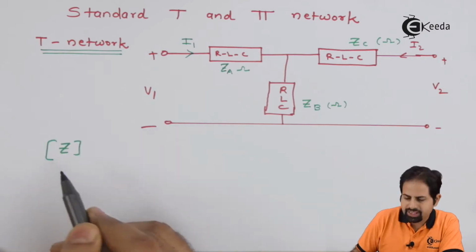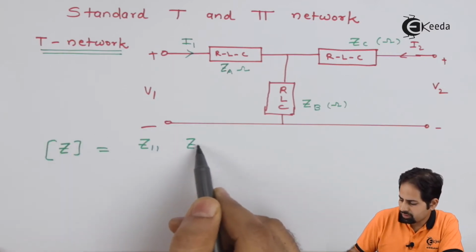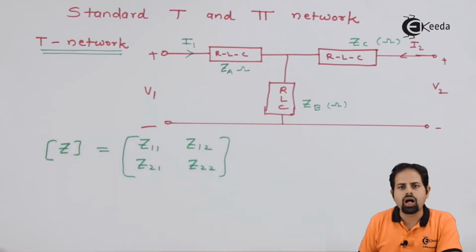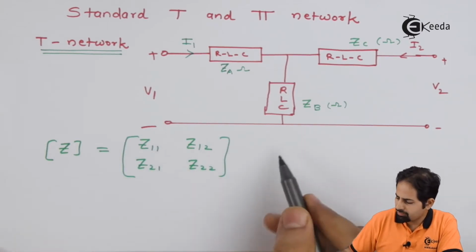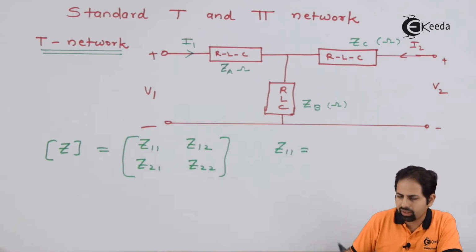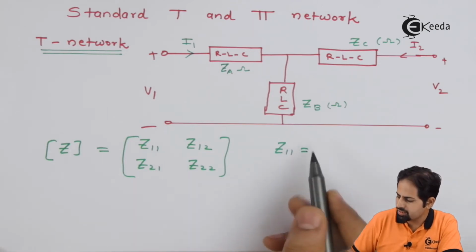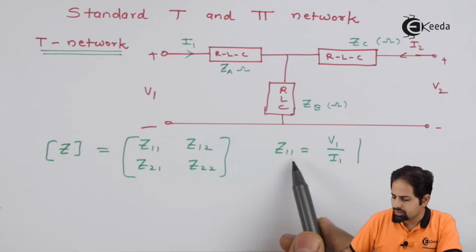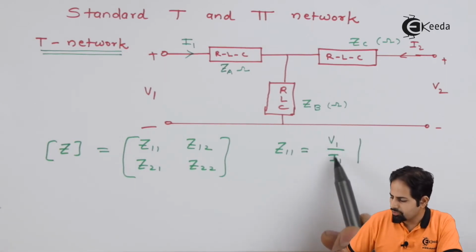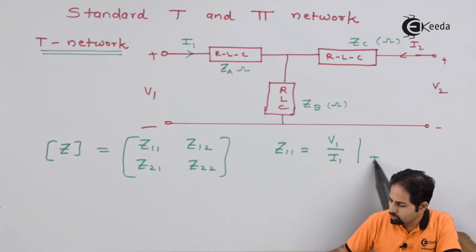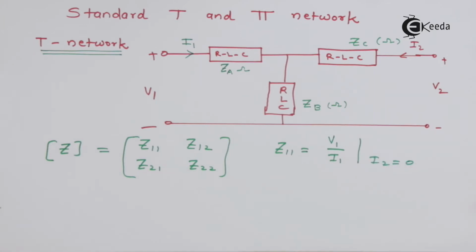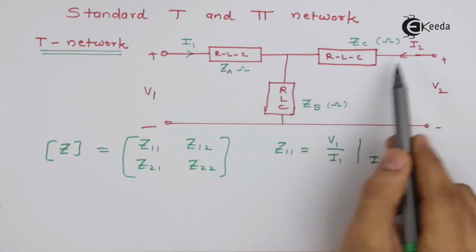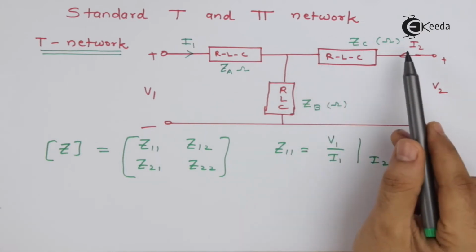Now we know that Z parameter is Z11, Z12, out of which Z11 is, from the definition, Z is V upon I. This is V1 upon I1. Z11 is V1 upon I1 when I2 is 0. Now I2 is 0 means this particular connection is not existing.